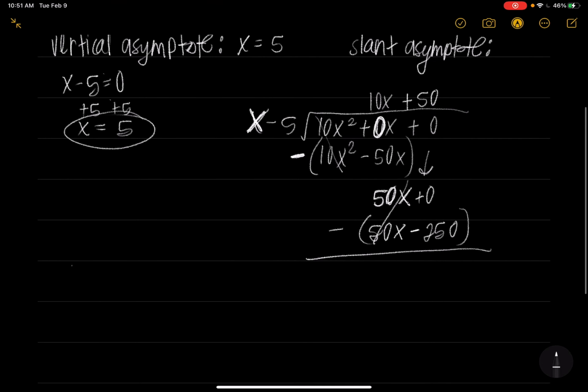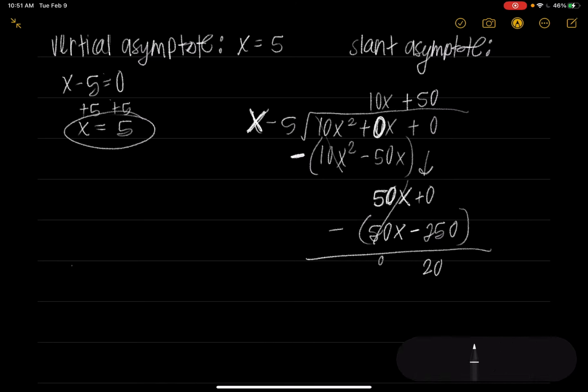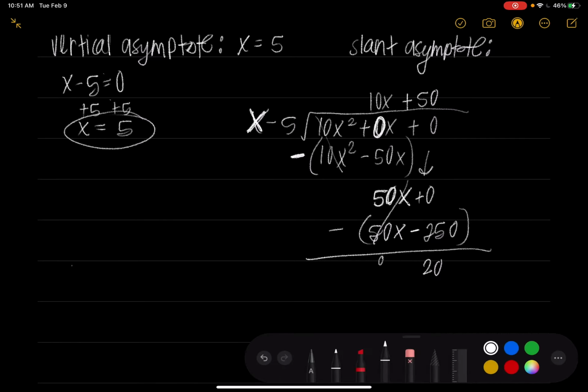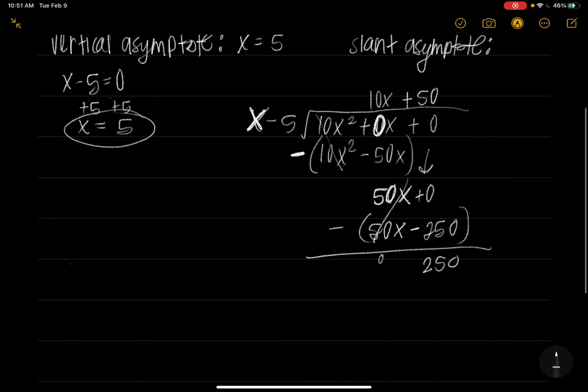So we get 0 right here, and right here we get 0 minus negative 250, which is positive 250. Since there's nothing else to bring down, 250 is our remainder. And that's why it's important to have these placeholders so you can see when you're done.